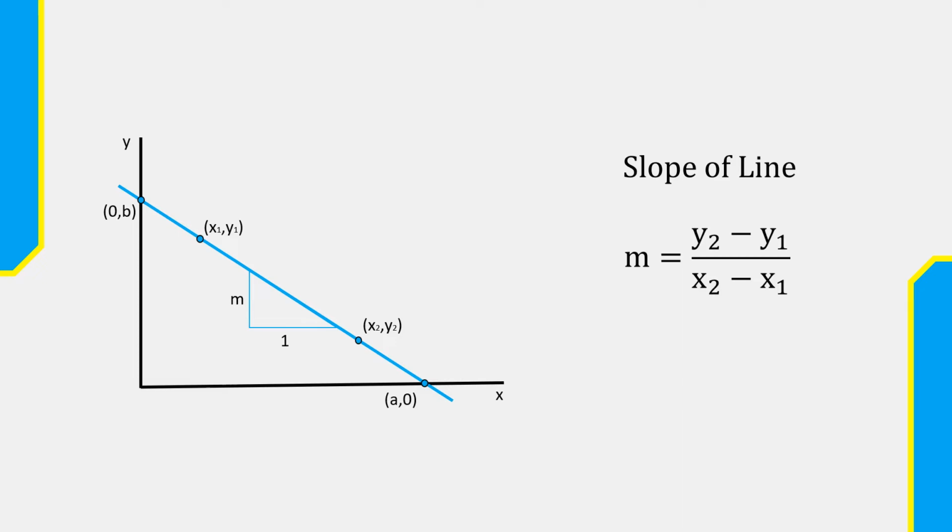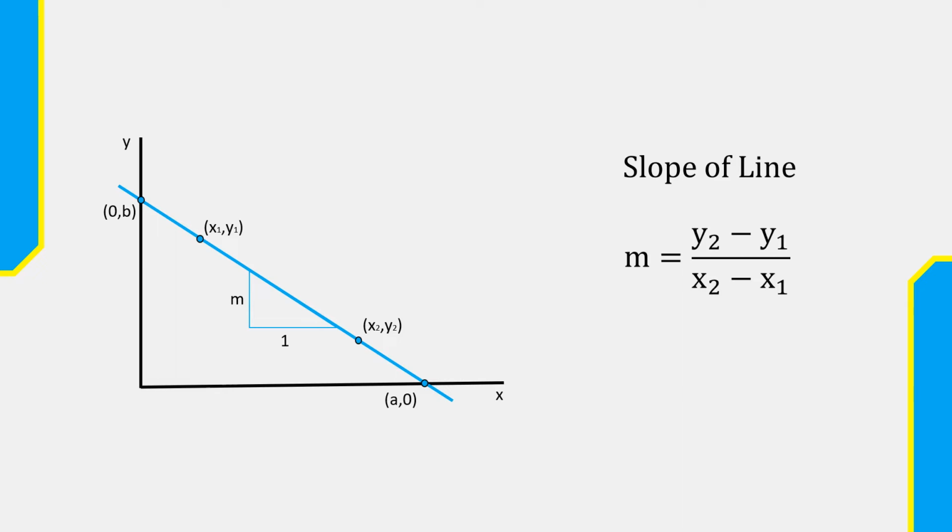Okay, so now getting into our first equation. Shown here is the equation that we can use to calculate the slope of a line if we are provided with 2 points on that particular line, given the points x1, y1, along with another point x2, y2. We can find the slope, which is the variable m, by using y2 minus y1 as the numerator of a fraction divided by x2 minus x1.